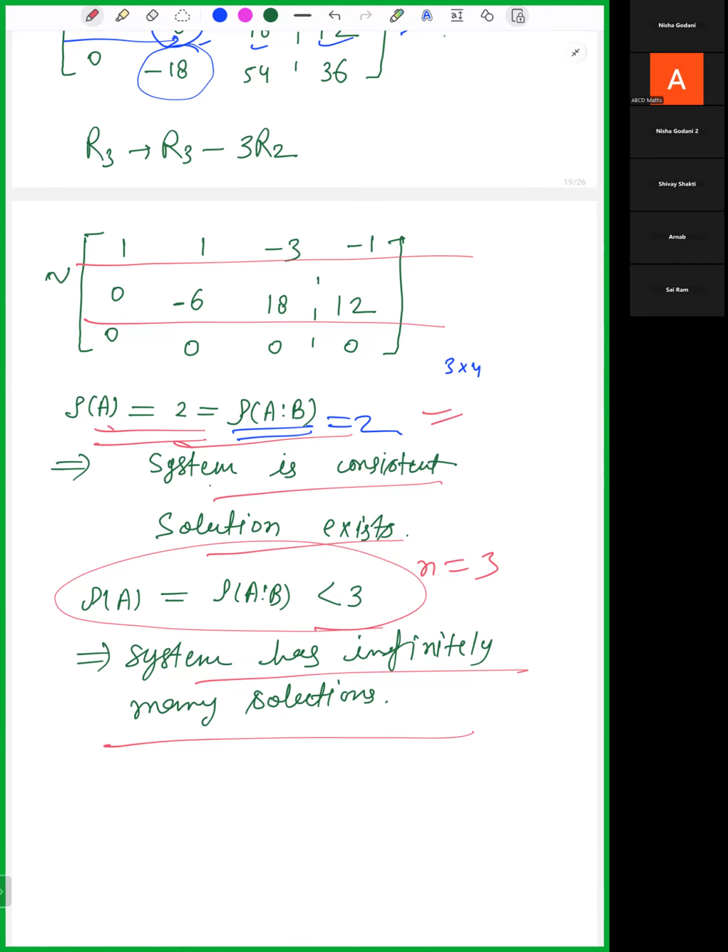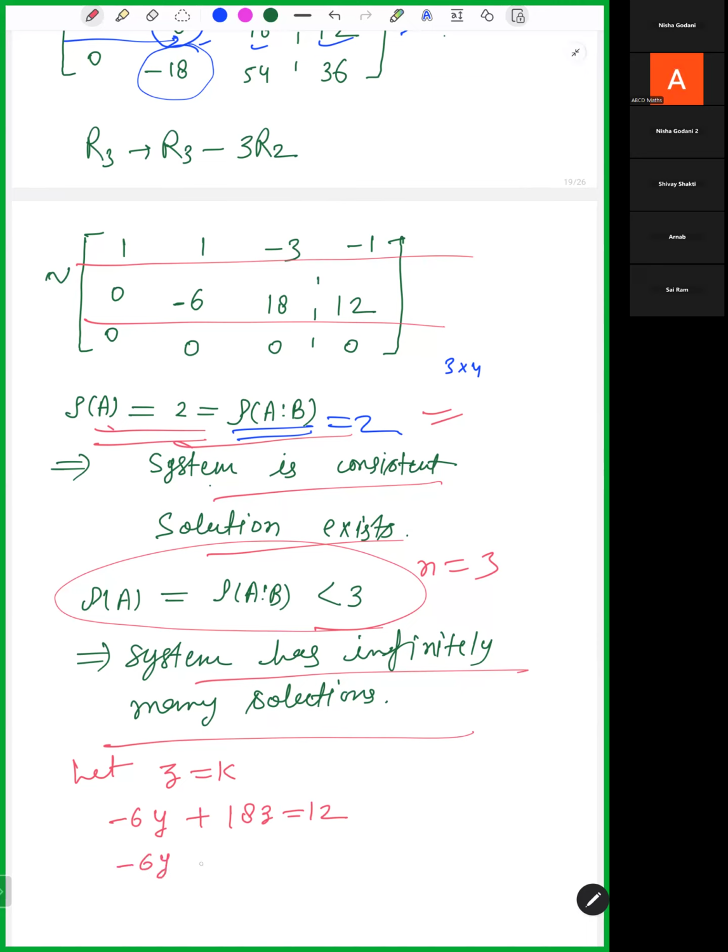You are lacking one equation. So this means you must assume one variable. So I suppose z equal to say k. Okay. So this second row will give me -6y plus 18z equal to 12, and you have assumed z equal to k. So what will be y now?